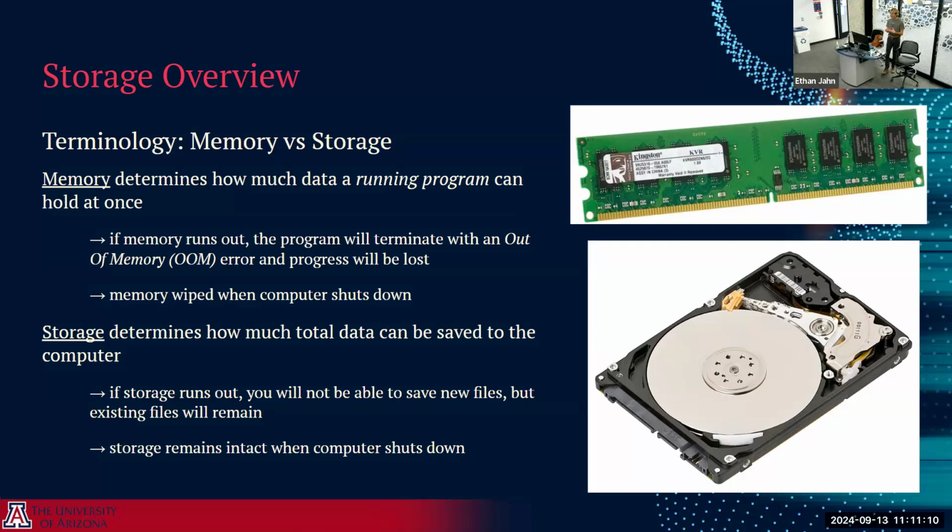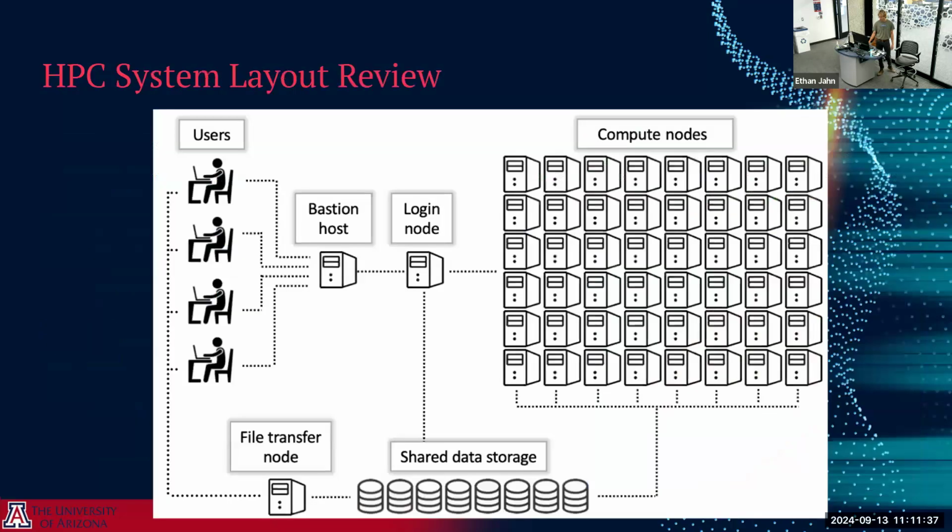So anything that you had in RAM previously will be gone when you boot it up again. Say you're working on a Word document and you haven't saved it to the disk: there's still a version of that in your memory, but when your computer shuts down, if you haven't saved it, it goes away. And then storage determines how much total data can be saved to the computer, and that storage remains intact when the computer shuts down.